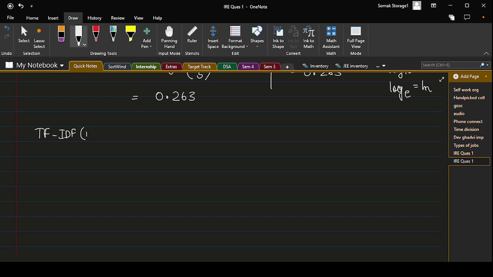So TF IDF of D3 T4 is nothing but 2 into 0.263. Just check, 2 times 0.263, so it comes out to be, right? So this is our answer.